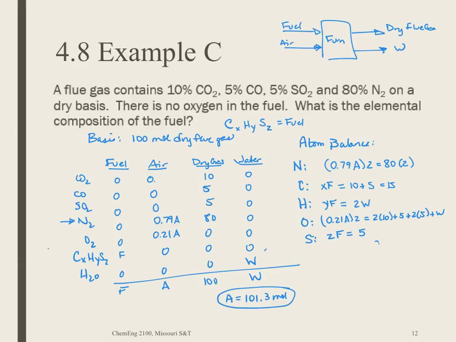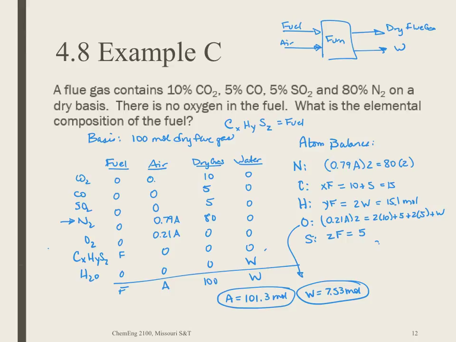Okay. What else can I solve? Well, this one looks like it has two unknowns, but remember I now know A is 101.3. So I can use this to determine that W is equal to 7.53 moles. W is 7.53 moles, then 2W is going to be 15.1 moles.